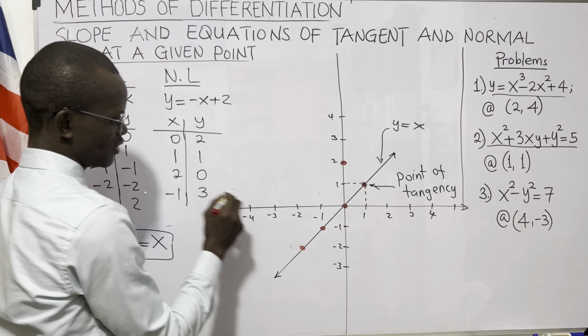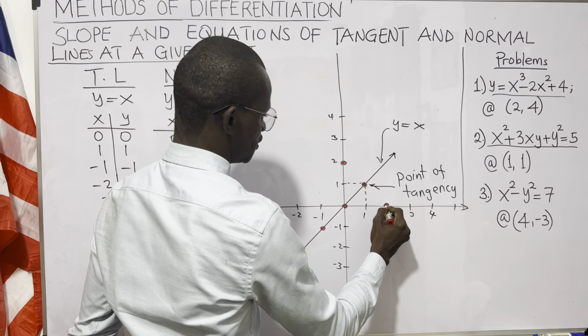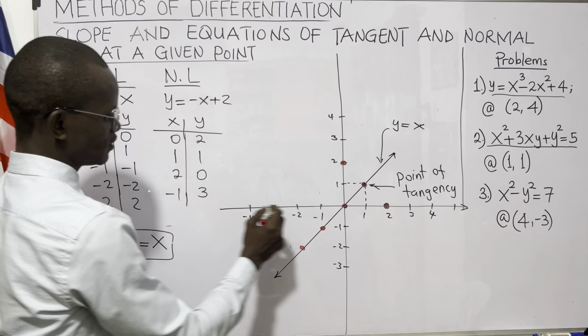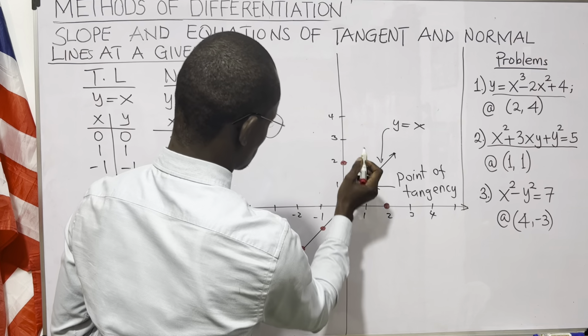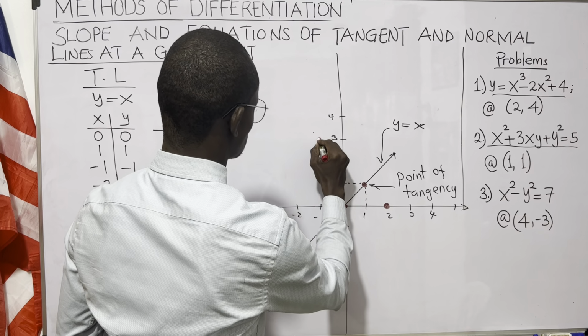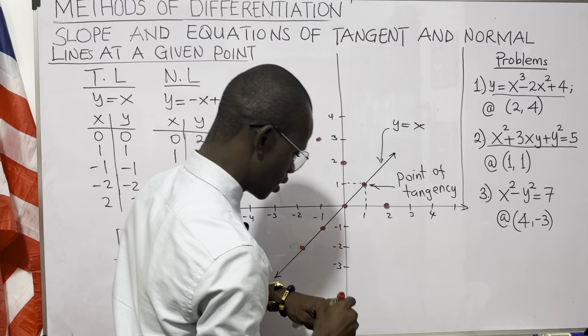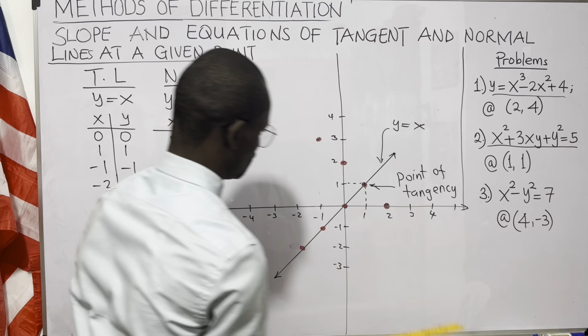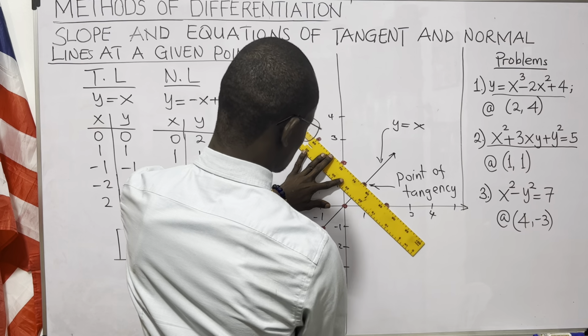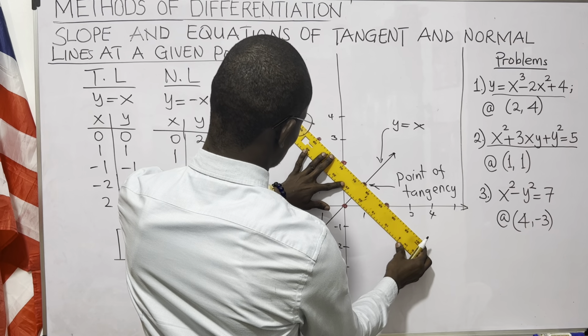When x is minus 1, y is 3. So you don't need all of the points, because you cannot even finish all of them. You just use these few points and you see that.